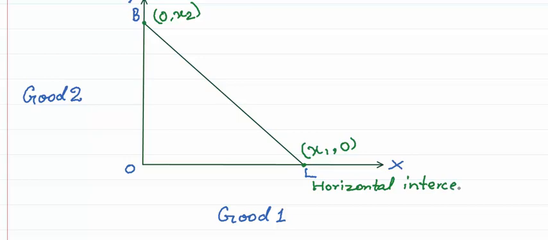We know that the income of the consumer is M and the price of good 1 is P1. So the horizontal intercept can be denoted as M by P1.